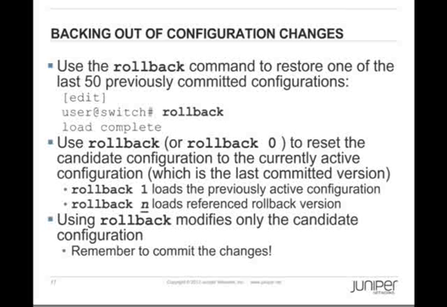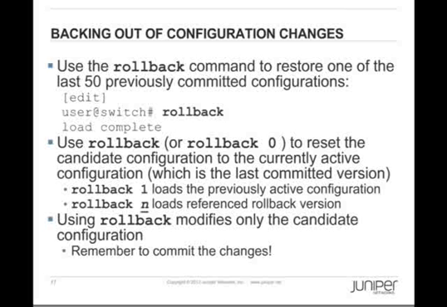So you want to back out of the configuration change. You made some changes, and you're basically like, you know what, I made some mistakes, I need to get out of this. You can use rollback. By the way, when it says the last 50 previously, effectively it's 0 to 49, so really it's the last 49 with 0 as the active. Rollback 0 just resets it to the active configuration, rollback 1 loads the previous one, rollback N is the next previous one, et cetera.